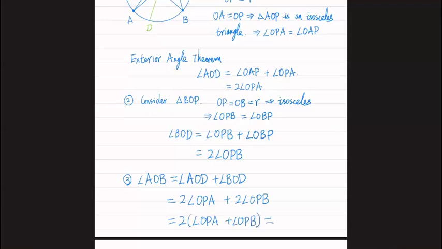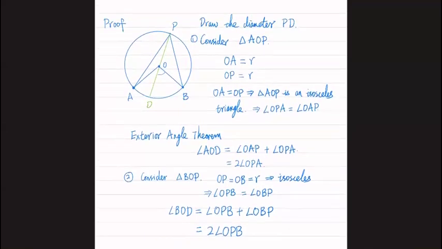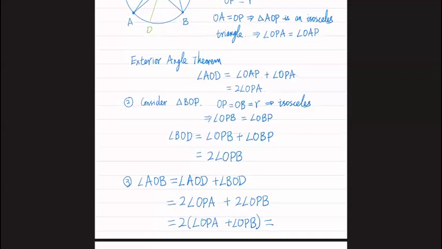What's the summation of these two angles, OPA and OPB? This will be APB. So AOB is twice of APB.